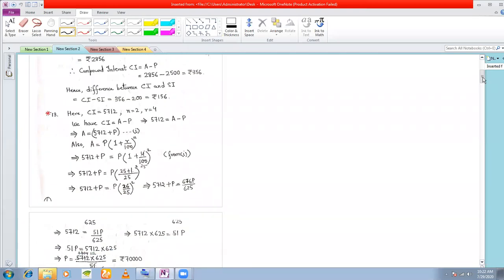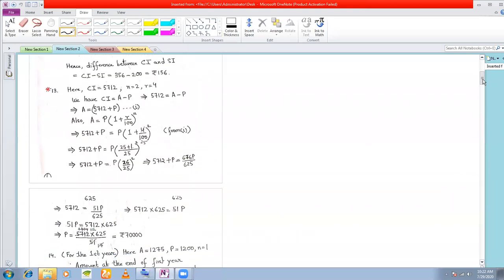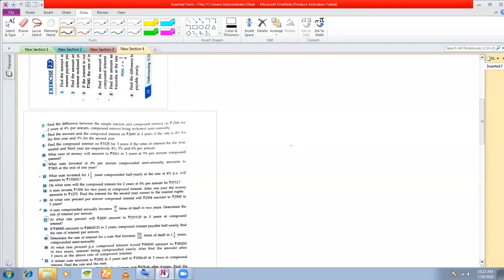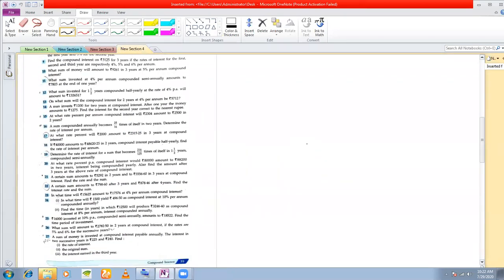Okay, so now let us see this. This is your sum number 13. If you read this sum, it states: on what sum will the compound interest for 2 years at 4% be 5712? Question is, on what sum will the compound interest for 2 years at 4% be 5712? So on what sum means you have to calculate the principal.